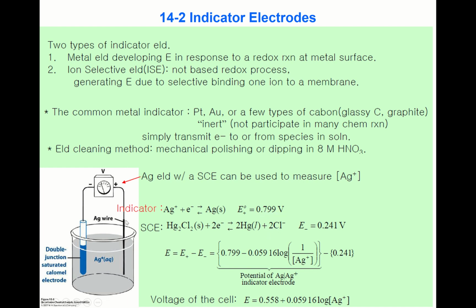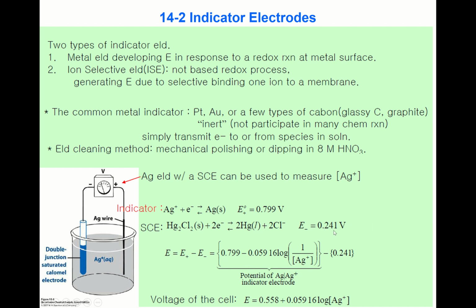So this silver wire now is an indicator electrode. The potential is given by only the silver ion concentration in solution, right? The reference electrode potential is already fixed at a constant value.